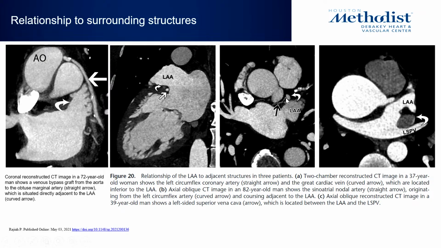Here we see a sinoatrial nodal artery branch of the left circumflex artery as it courses close to the left atrial appendage. And this artery actually has quite a lot of anatomical variations, so it's important to note it when we're reading these CTs. Lastly, we see a persistent left SVC and how it courses between the left atrial appendage and the superior pulmonary vein.